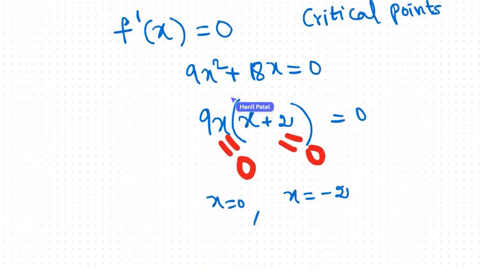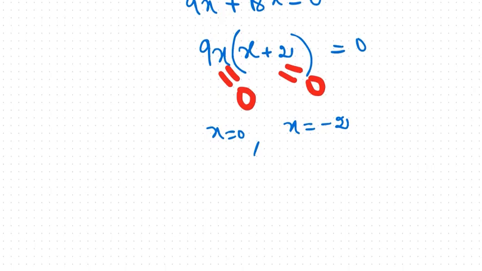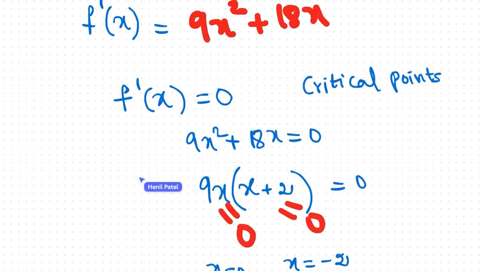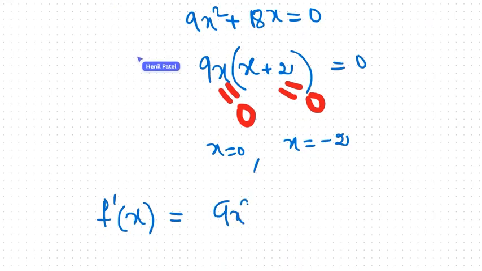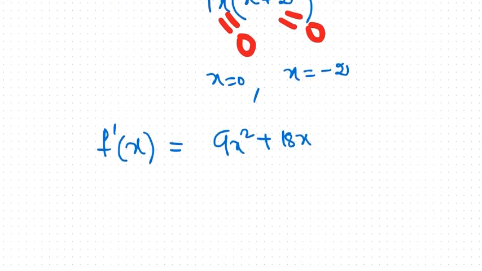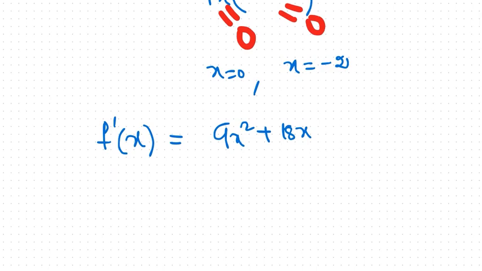We have that one derivative, right? f dash of x is equal to what actually? 9x squared plus 18x. Correct? See, if you take the derivative of this derivative, I can write it as f double dash. This is called the second derivative.